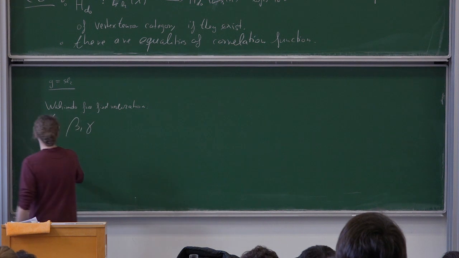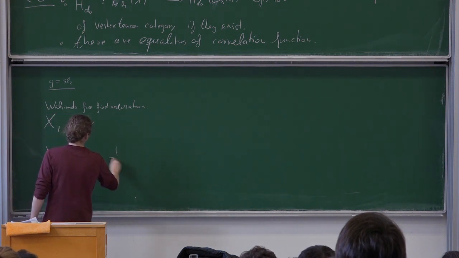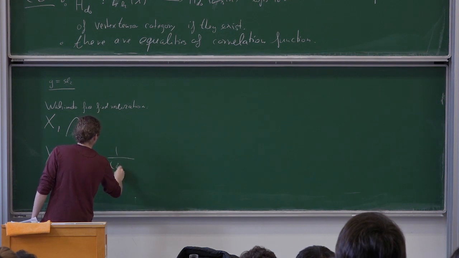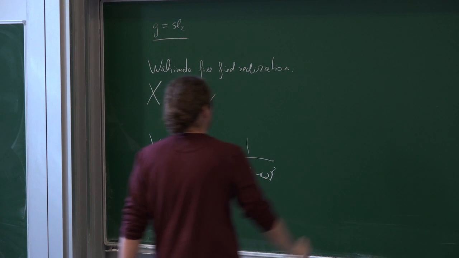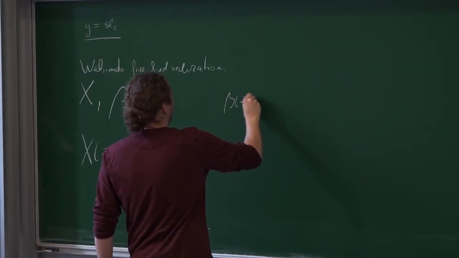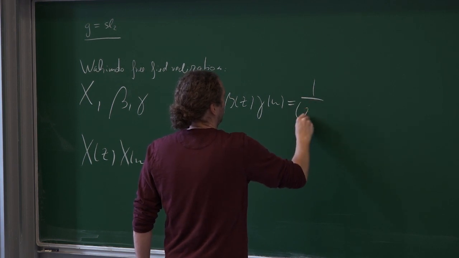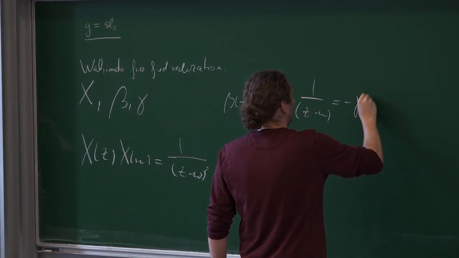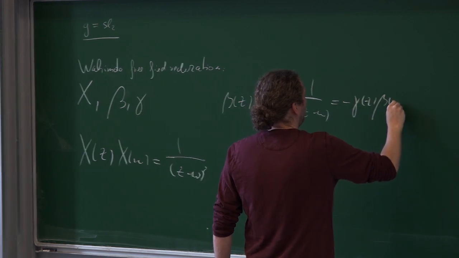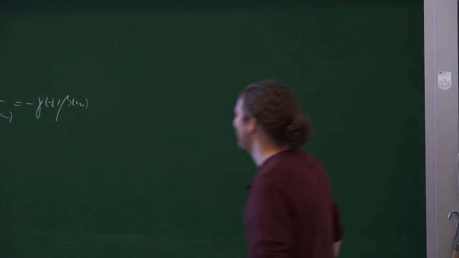So the free boson has OPE with itself, 1 over z squared, a second order pole, and beta gamma have this OPE.